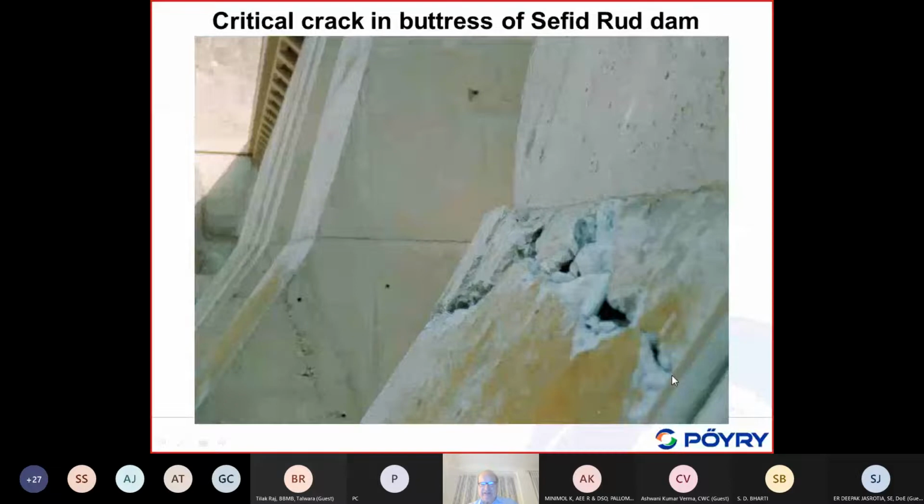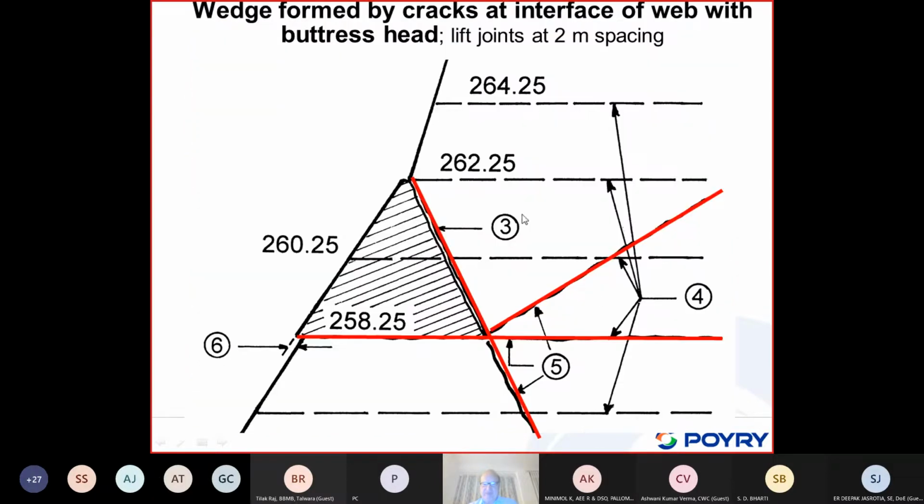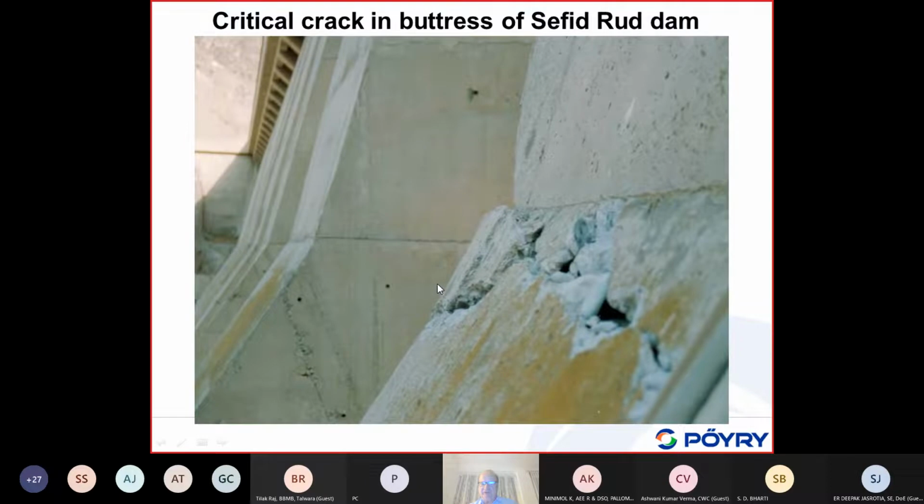So we see here on top of one of these buttresses, it was quite heavily cracked. This is this location here, we have this kind of cracks, which I show here.